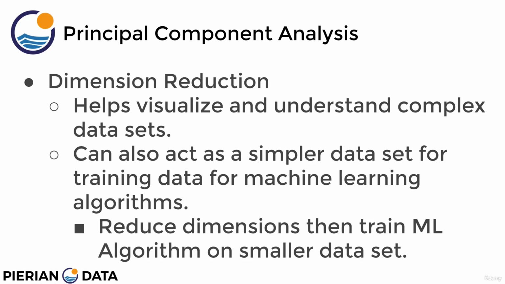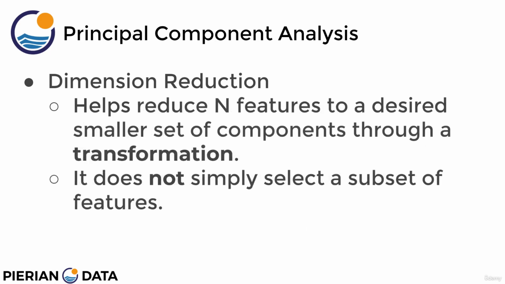So sometimes it can actually be more productive to run PCA first, reduce a highly dimensional data set into its principal components, and then run your machine learning algorithm on those principal components, which are fewer and maybe helps your machine learning algorithm run faster on the smaller data set. So it can help reduce n features to a desired smaller set of components through a transformation. And just to make it very clear, I've stated this a couple of times, but it does not simply select a subset of features.